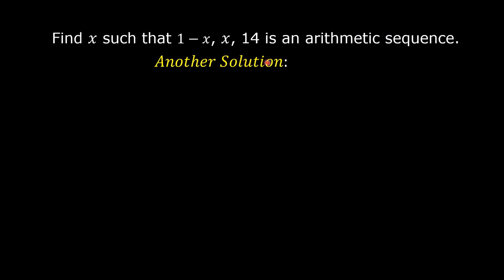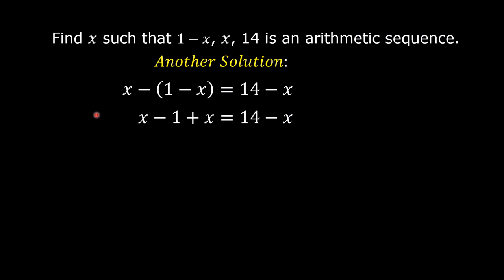And then the difference between the third term and the second term. That is 14 minus x. So we have x minus the quantity 1 minus x equal to 14 minus x. Remove the parentheses first. So we have x minus 1 plus x is equal to 14 minus x.